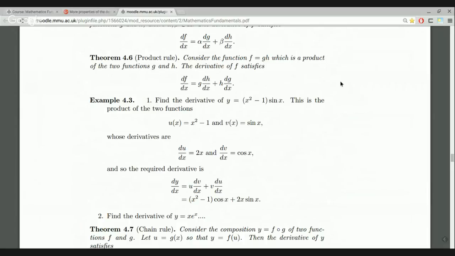Now you see we've got this plus here, but we just want to bring this back into a single fraction now. Now what's the common denominator going to be? Well, on the left-hand side we've got a denominator of v. The term on the right we've got a denominator of v squared. So the common denominator will be v squared. So we've got u prime divided by v here, so to put it over v squared we'll need to have v times u prime.